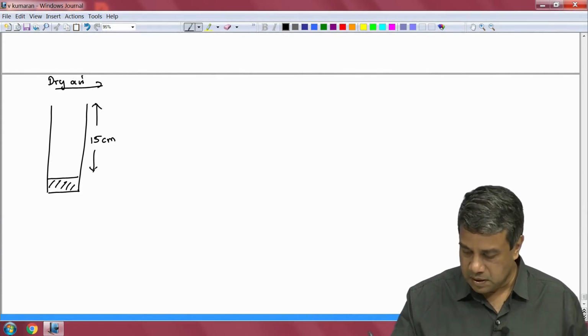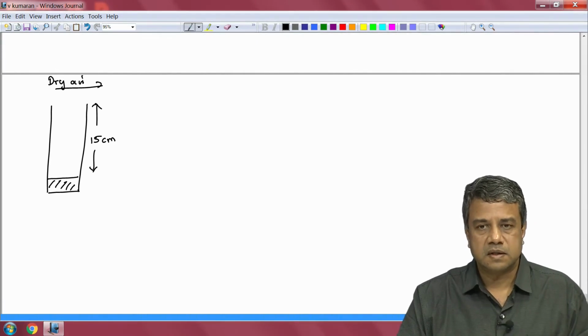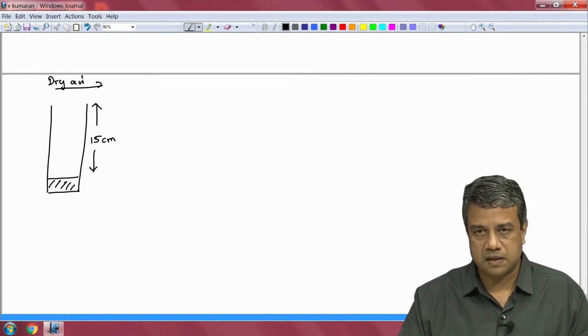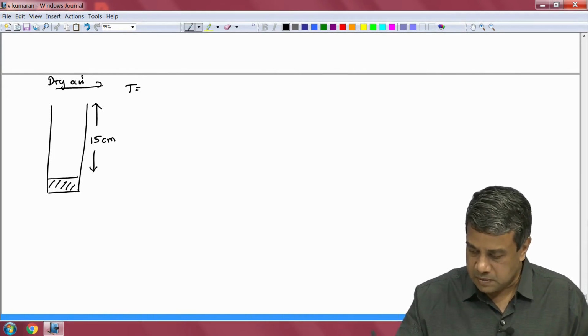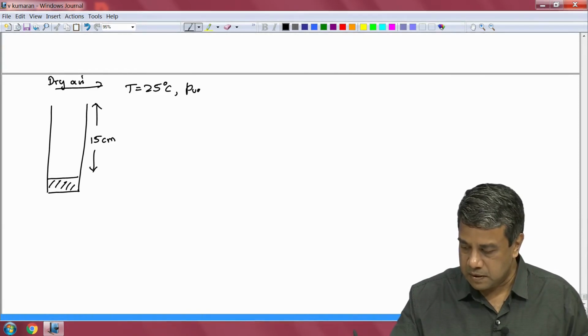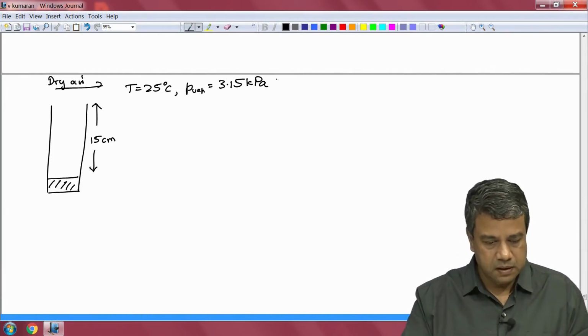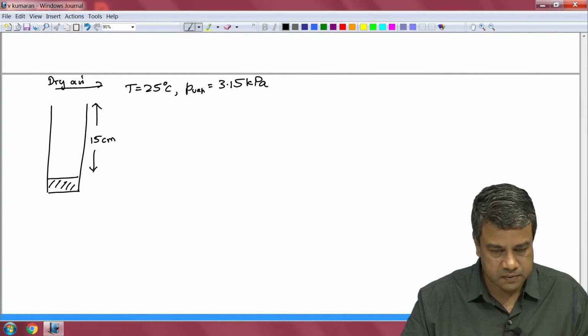We want to know what is the evaporation rate of water, that is, how much does the water height decrease with time due to this evaporation, at a temperature of 25 degrees centigrade, where the vapor pressure of water is equal to 3.15 kPa. Kilopascals is the vapor pressure of water.